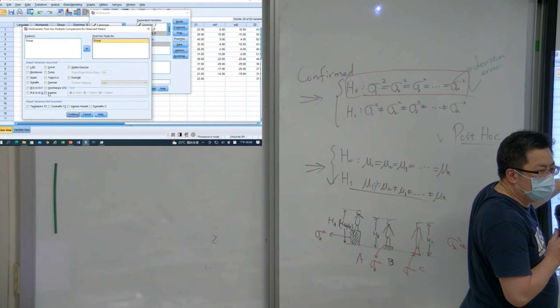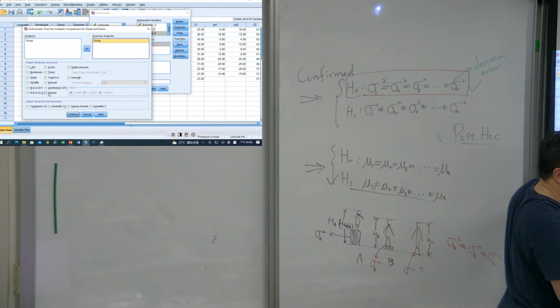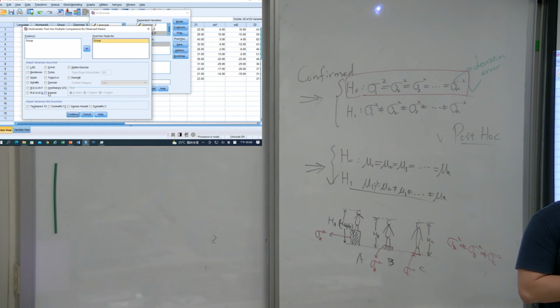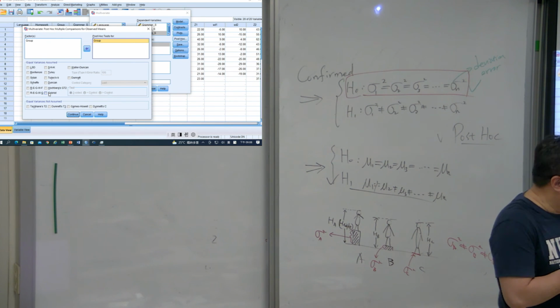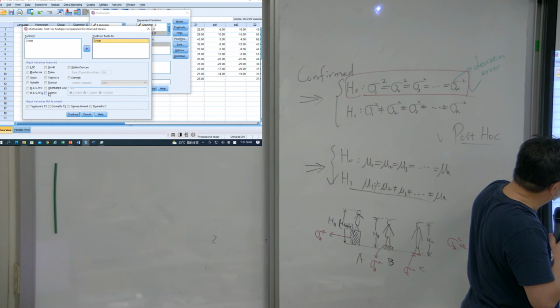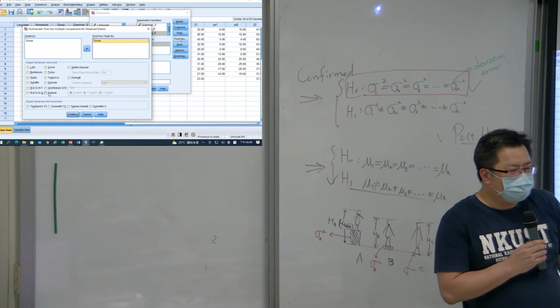But sometimes when you read papers, you find many authors use Tukey, even Duncan, even Tukey speed. This is your assignment. Tell me under what condition you use the LSD, what kind of condition you use Ch.4, when you use the Tukey, when you use the Duncan. It's very hard.